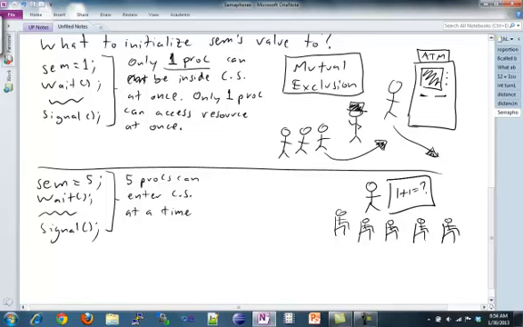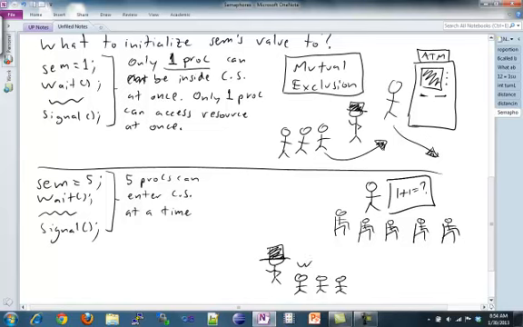So that means that our semaphore is going to stop any new students from entering the class because the class is full until one of the students currently in the class leaves.